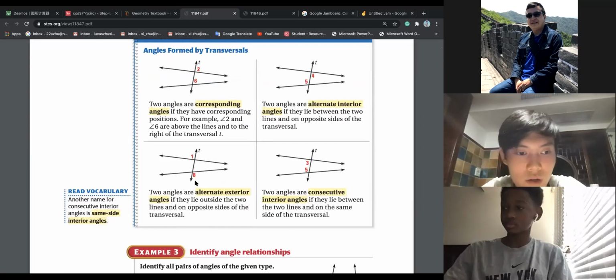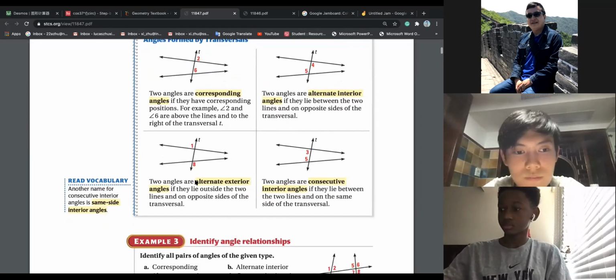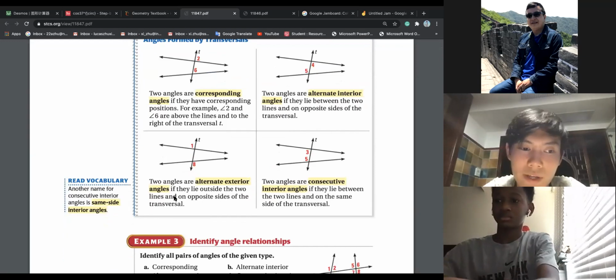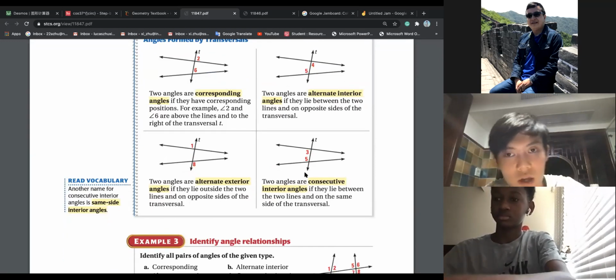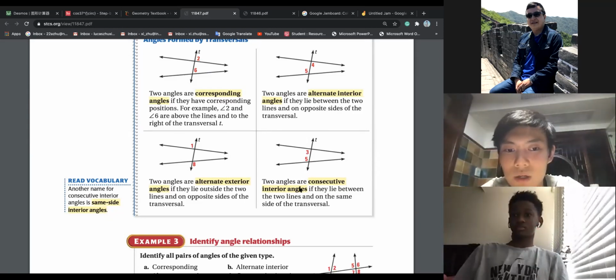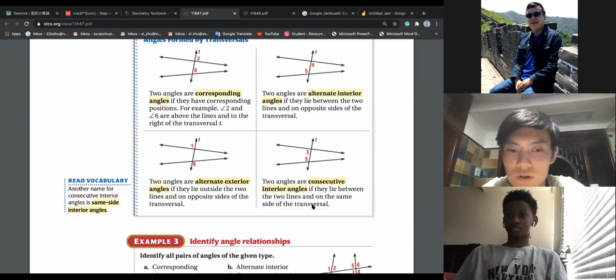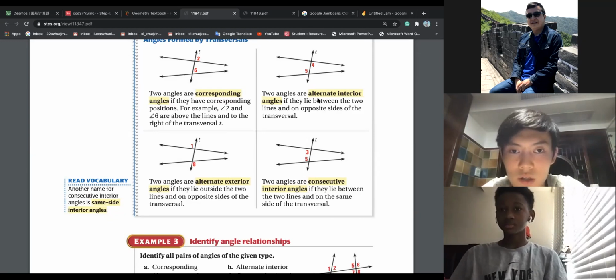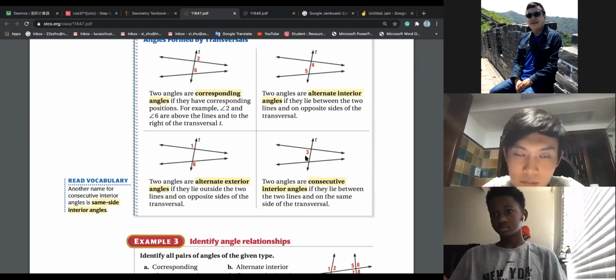Alternate exterior angles lie outside the two lines on opposite sides of the transversal. Consecutive interior angles lie between the two lines on the same side of the transversal. For alternate interior they're on opposite sides, but for consecutive interior they're on the same side.